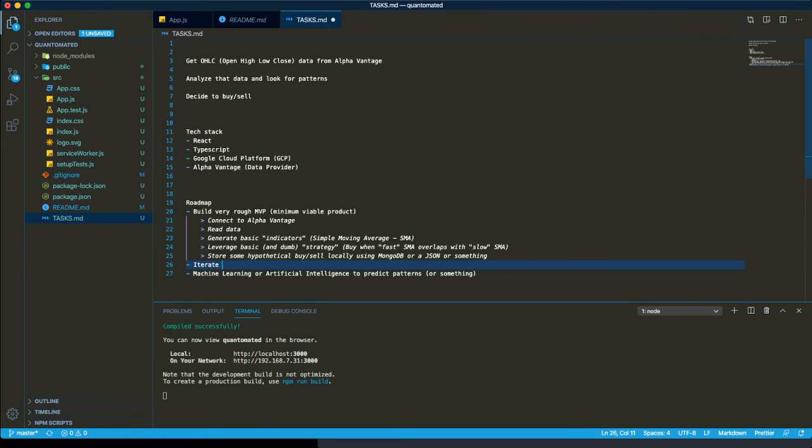Iterate with more complicated. So then eventually we would iterate with more complicated indicators, iterate with more advanced strategies. Let's see. So more complicated indicators would be things called a stochastic RSI, or let's see, where are they? To remember, I haven't done this in a while.